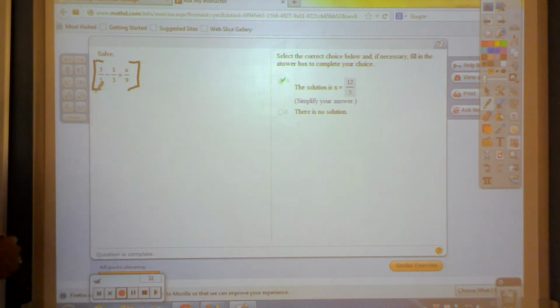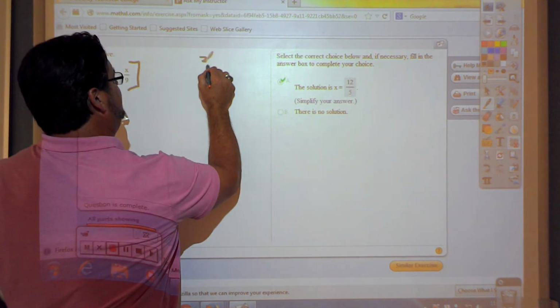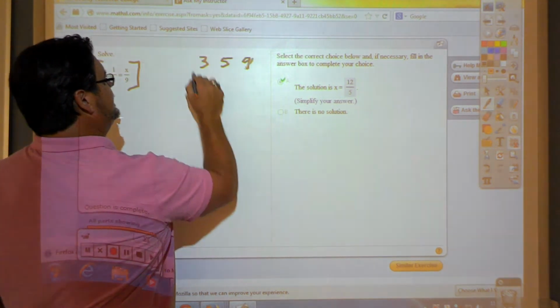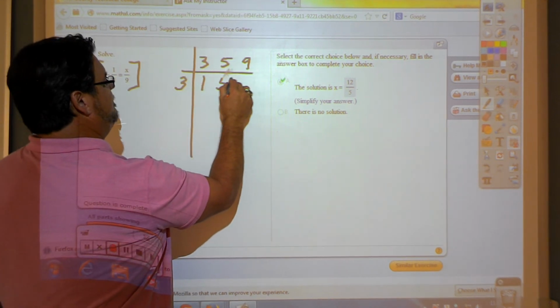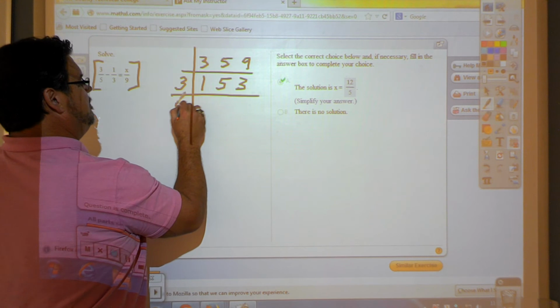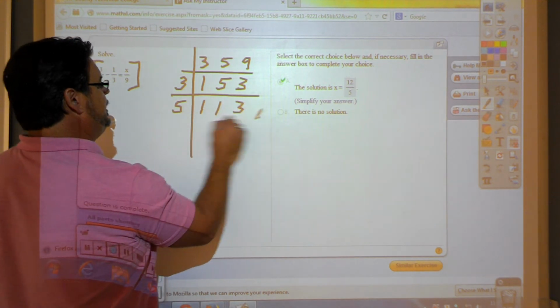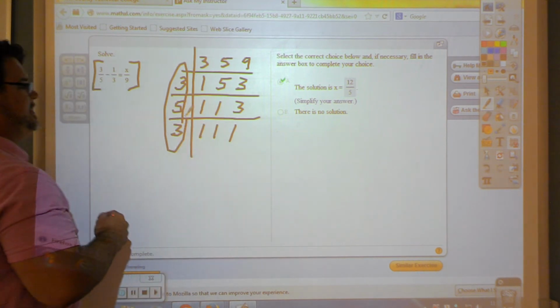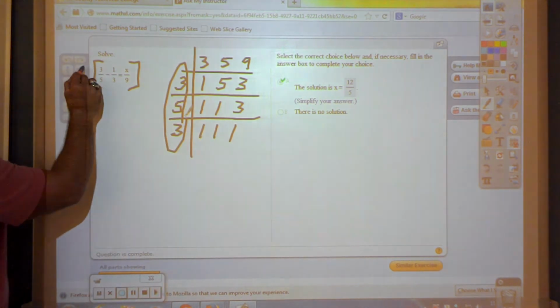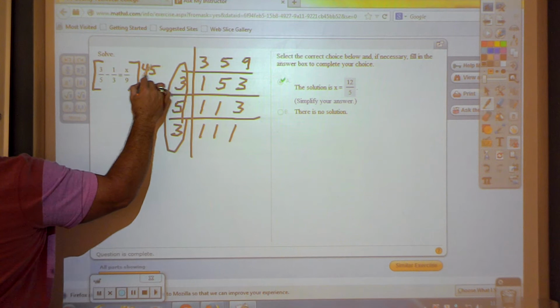What is the common denominator of 3, 5, and 9? Well, let's look. 9 times 5 is 45, so you multiply each one by 45 over 1.